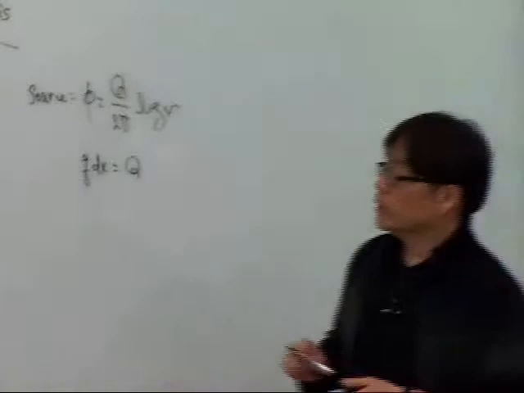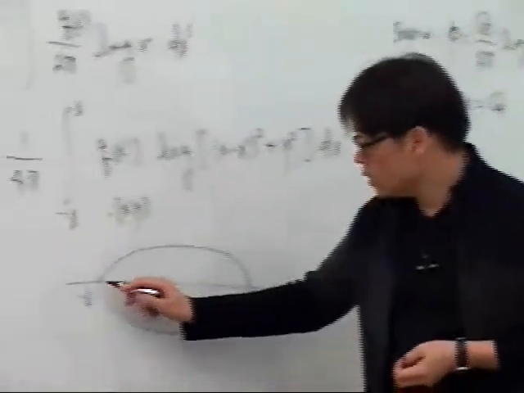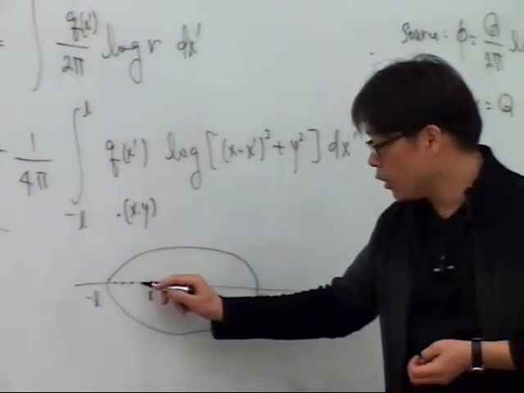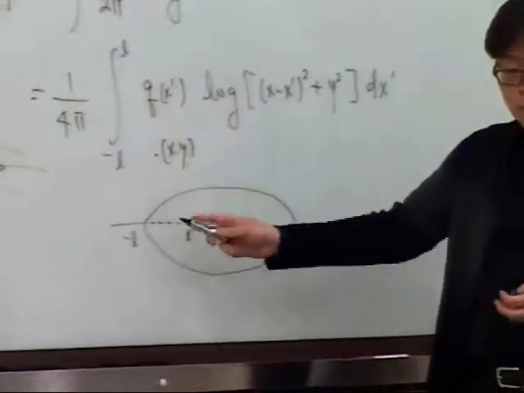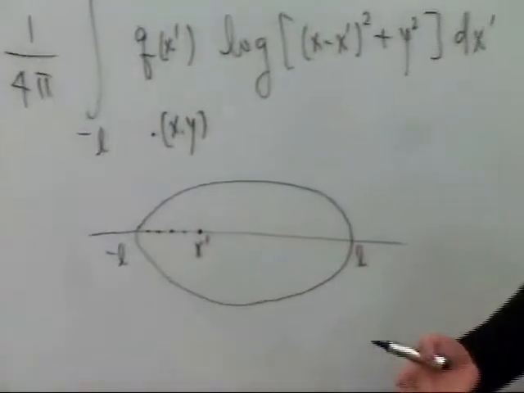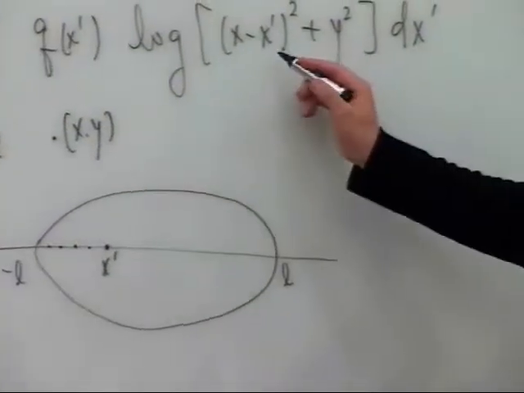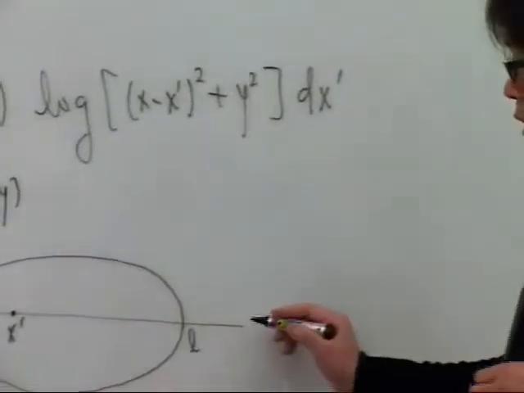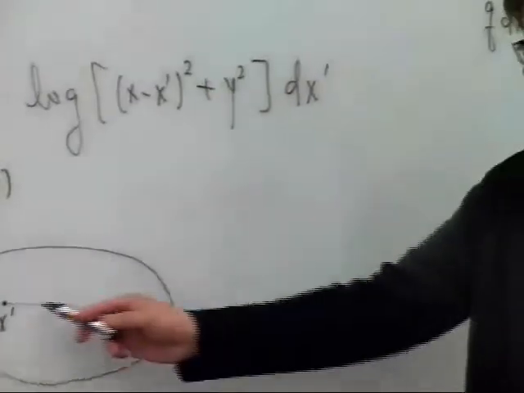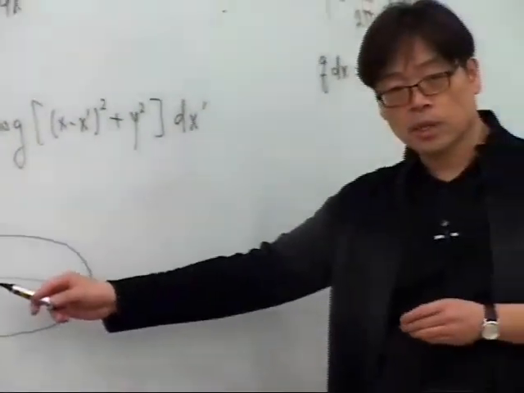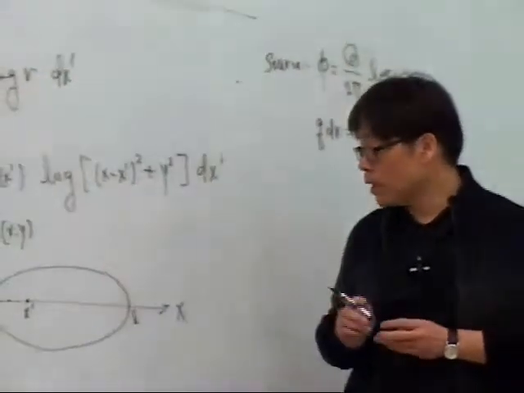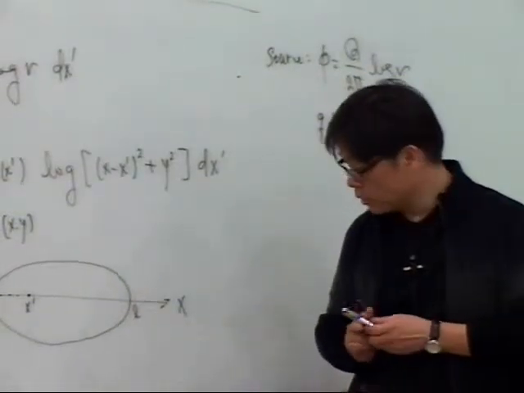But this time I don't know the sign of Q. Some could be positive, some could be negative. Okay, and this x prime is the location of each source, and x prime represents that location. Okay.